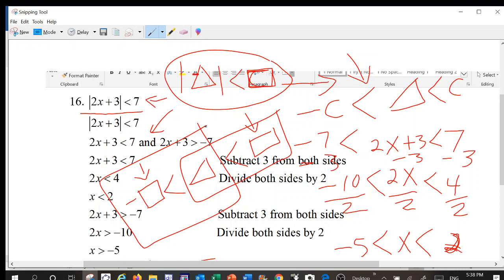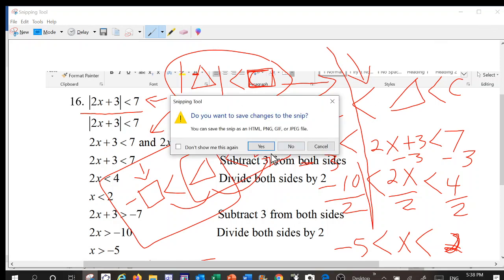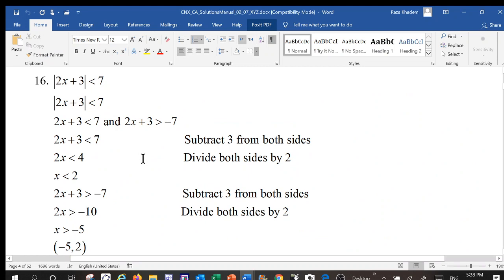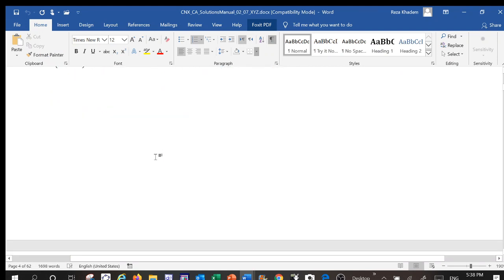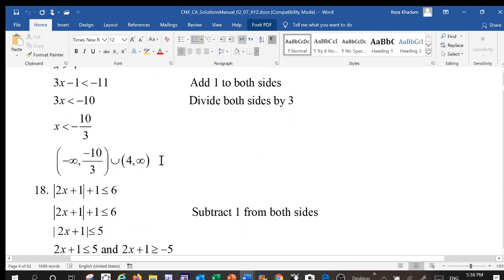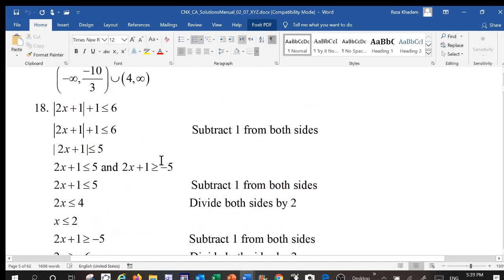So we say the stuff inside is less than that, and the stuff here has to be greater than that. And that's the way to solve these inequalities. What I just did here was a shortcut.